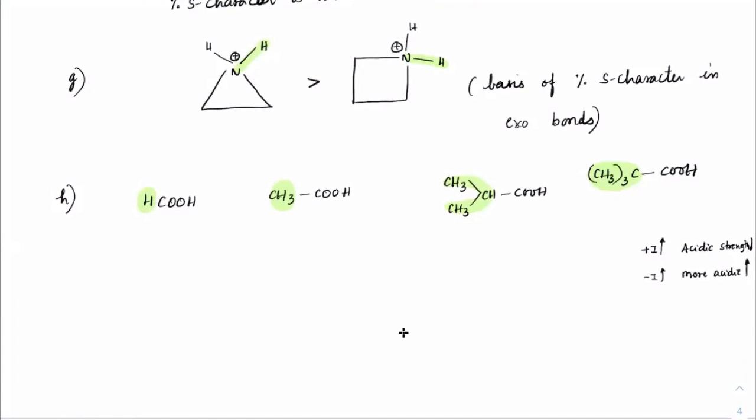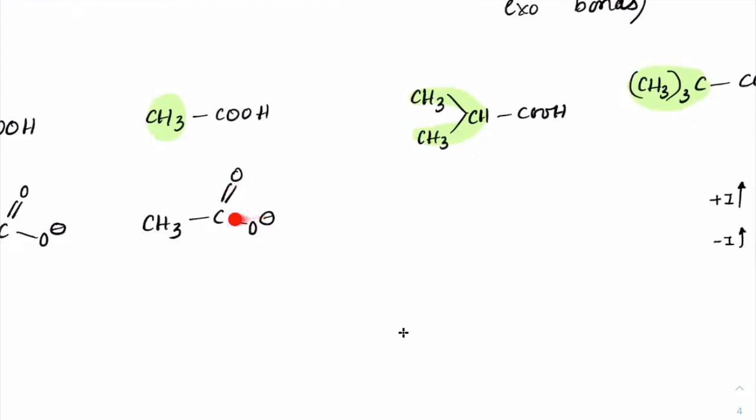Why it is so, you can discuss on the basis of the conjugate base also. For example, if I take HCOO⁻, this is the conjugate base, and CH3COO⁻. See, this is showcasing an equivalent resonance. You remember this, COO⁻ has an equivalent resonance. Now any push of electrons towards it will only destabilize its equivalent resonance.